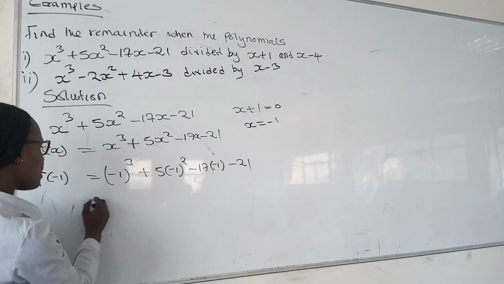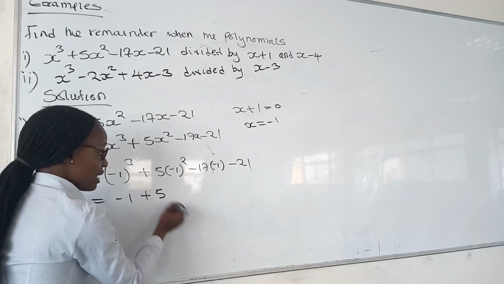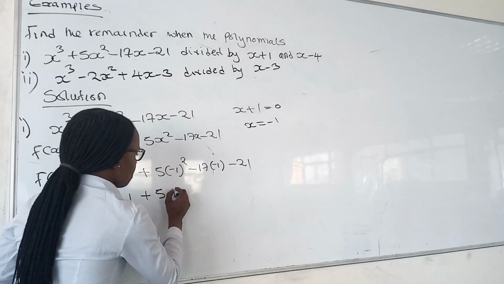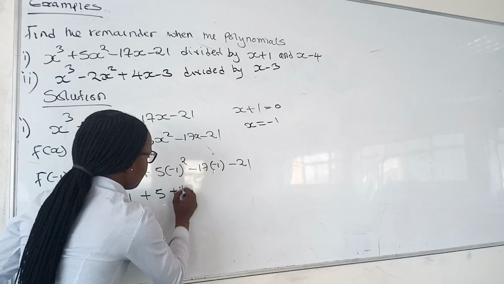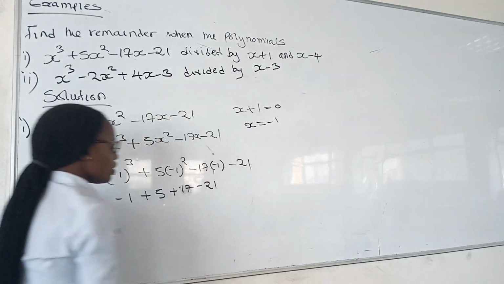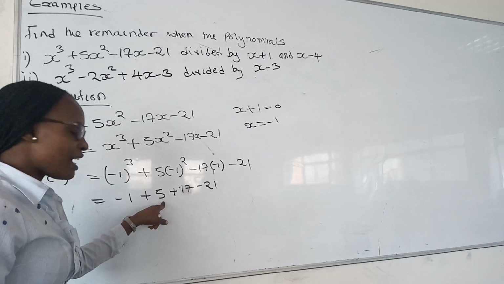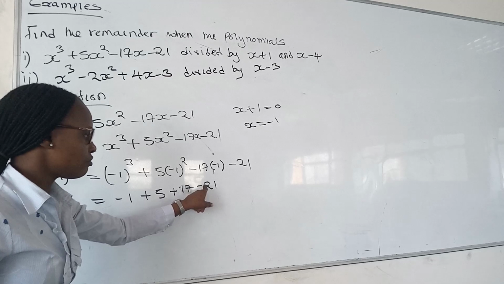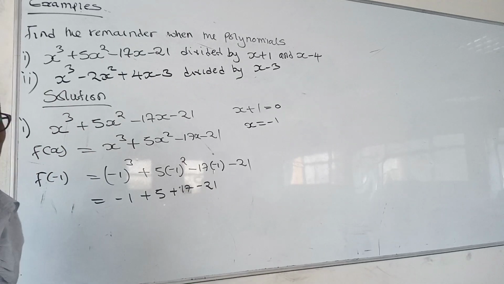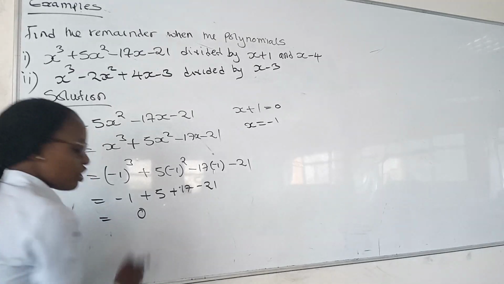And having done this, this is negative 1 plus 5 plus 17 minus 21. And when we look at this, 17 plus 5 is 22, and negative 1 minus 21 is also minus 22, which is just going to give us 0.